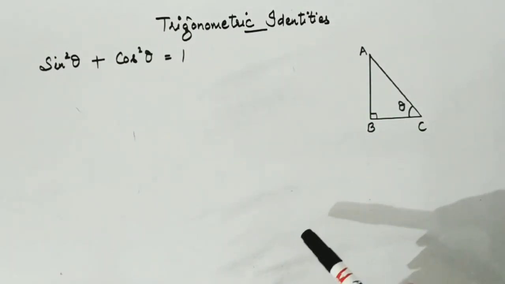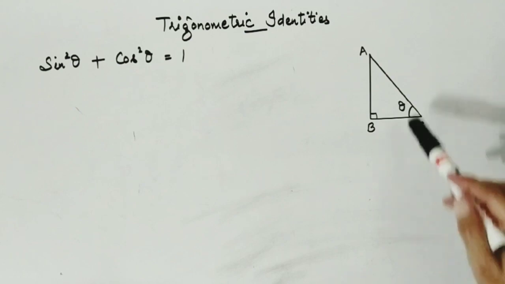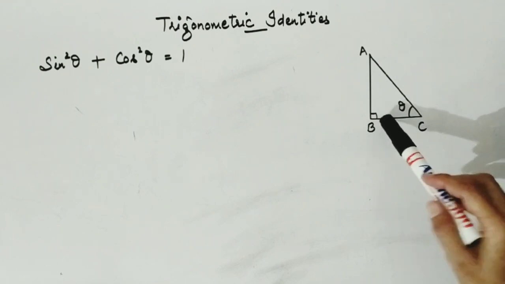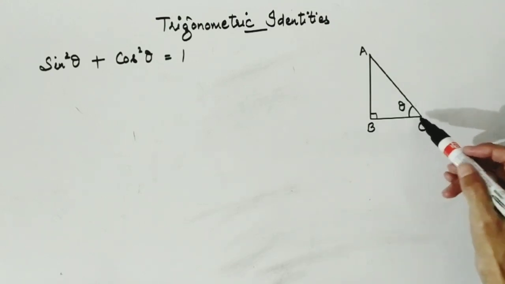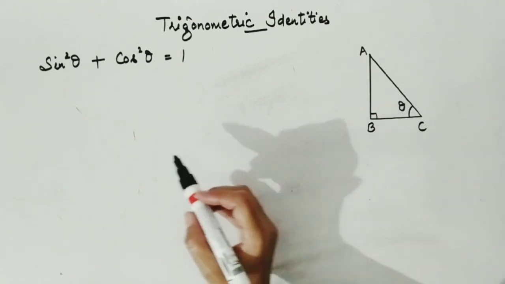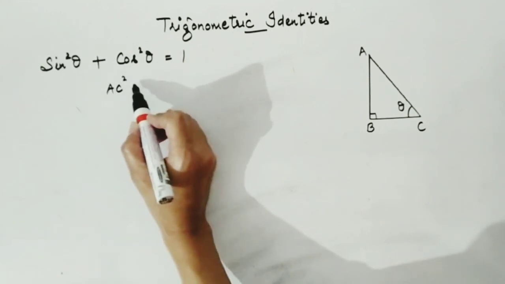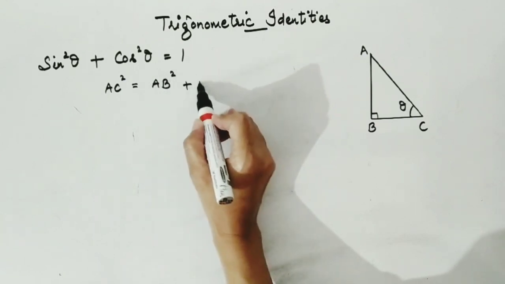For that, the first thing you should know is how Pythagoras is applied in a right angle triangle. Observe this triangle ABC, which has a 90-degree angle at B, and angle theta is taken at the vertex C. If I apply Pythagoras, it would be AC square is equal to AB square plus BC square.